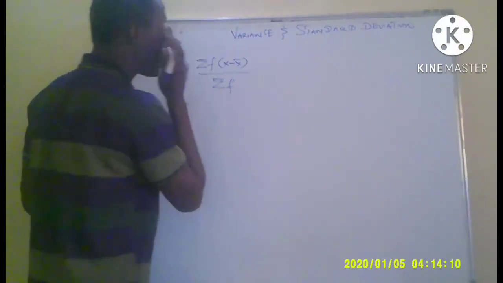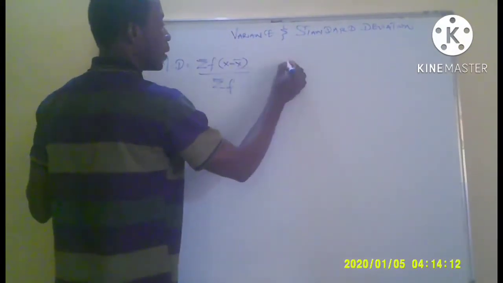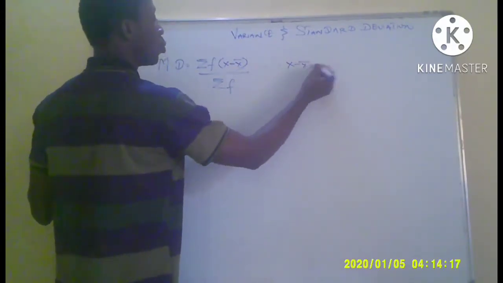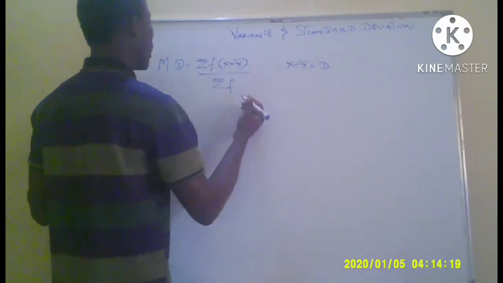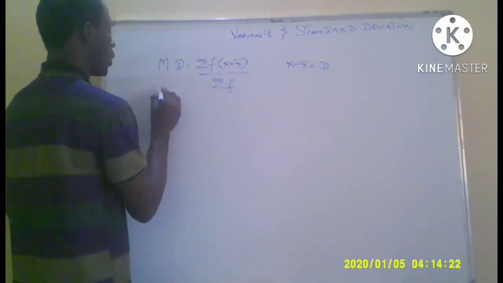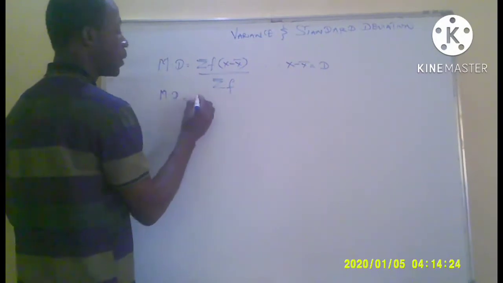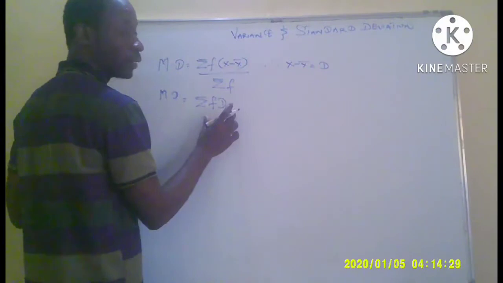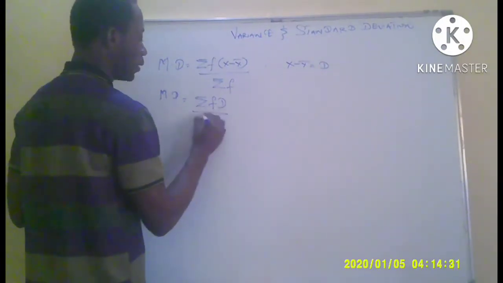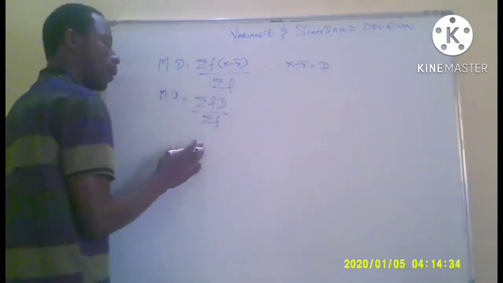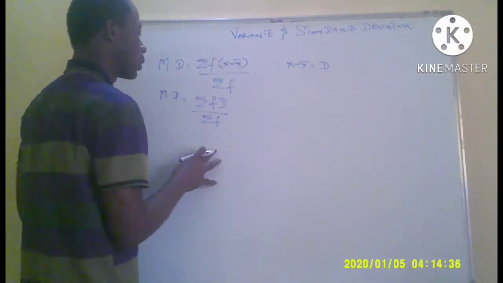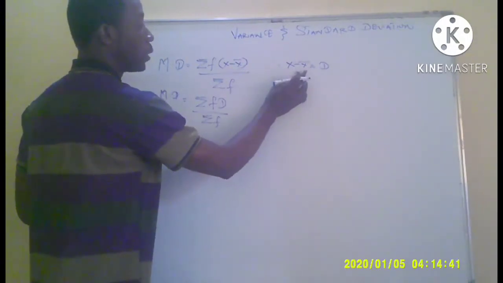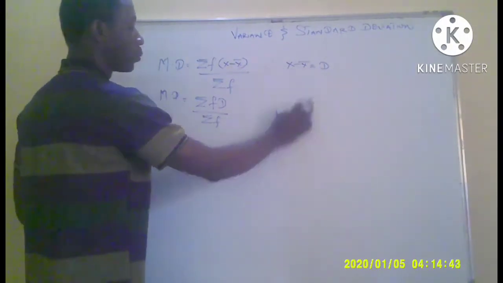And if you remember very well, where I said let the deviation, which is the midpoint minus the mean, be equal to d, we can as well write the mean deviation as MD, the sum of the product of the frequency and the deviation, all over the sum of frequency. Our previous example can attest to this. Now d represents the deviation of the values from the mean.